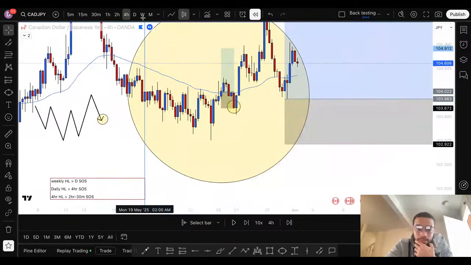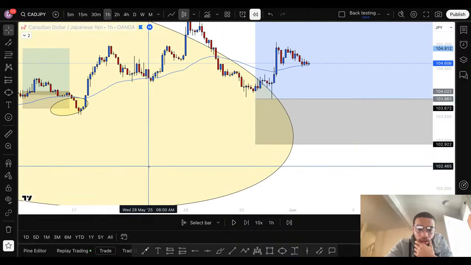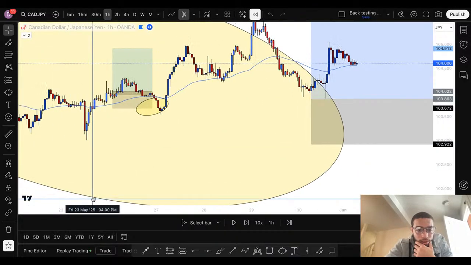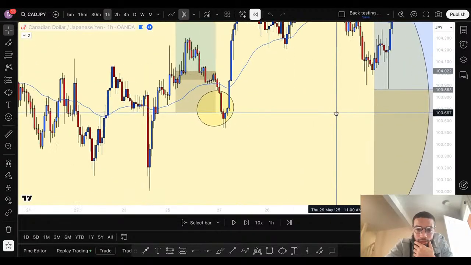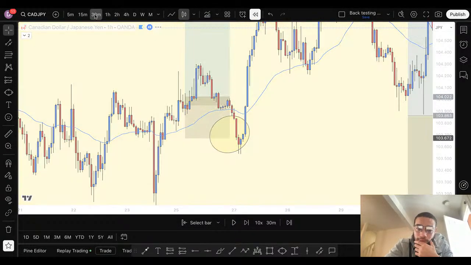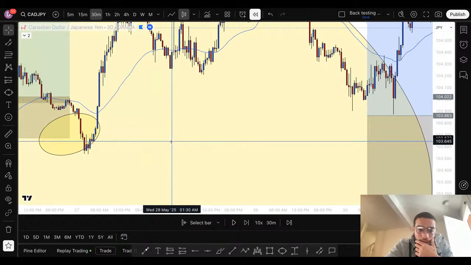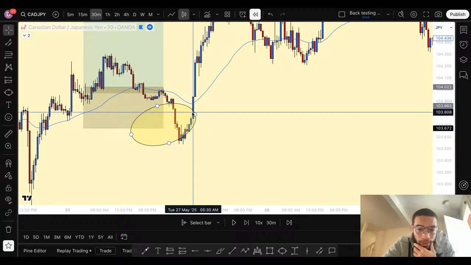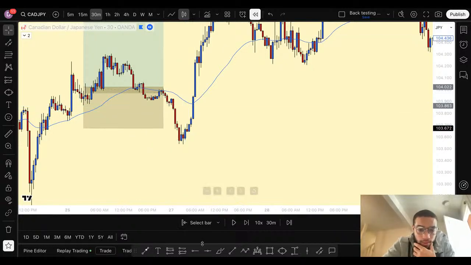This is going to blow your mind. The 1 hour time frame. Let's have a look at this, shall we? On the 1 hour, what has happened? On the 30-minute, what has happened? The 30-minute time frame, right? What do we see structural wise?